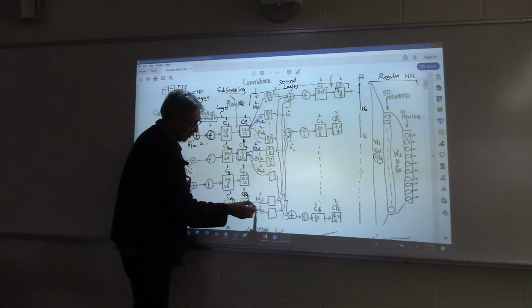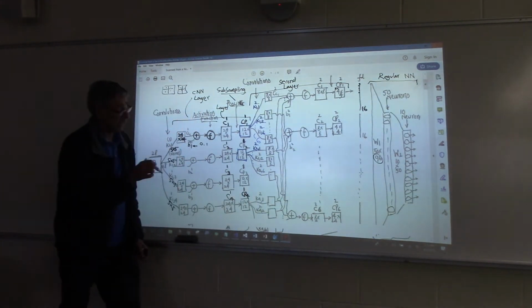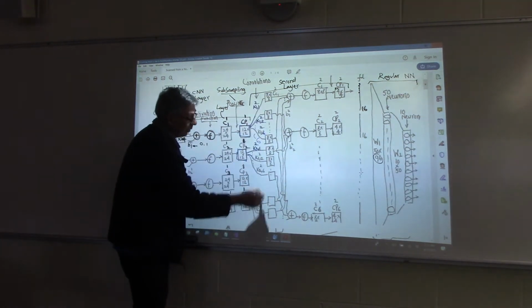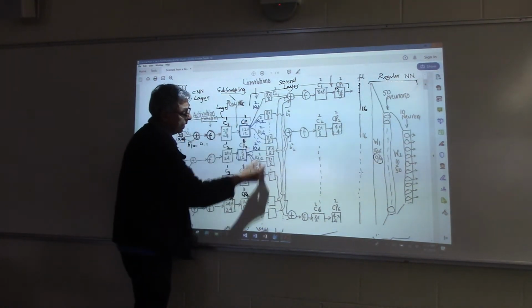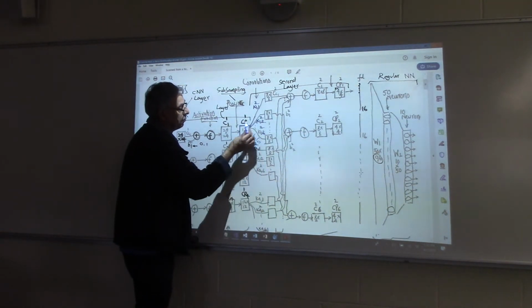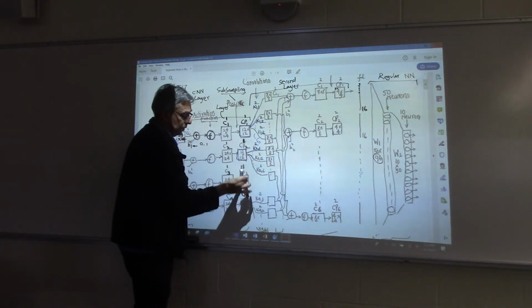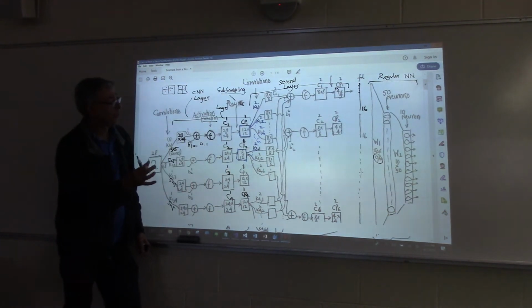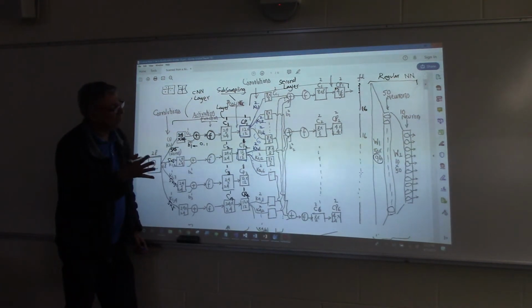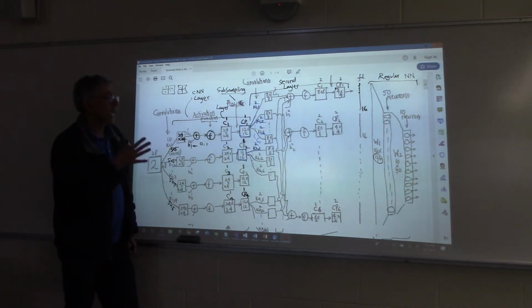So 6 convolutions are applied to each of these. How many total convolution kernels do we have? 24, right? 6 applied to each one, and there were 4 of these.